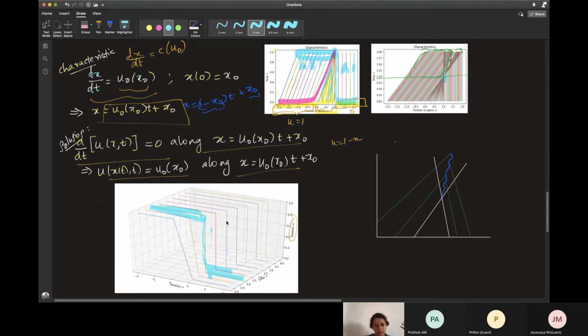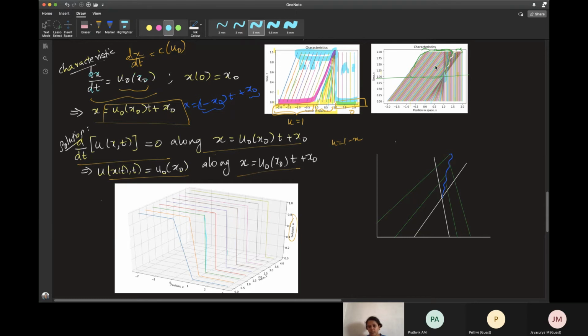So now what happens after the gradient catastrophe occurs? How has this solution been evaluated from t equals 1 till t equals 4? For that, we said that after the discontinuity occurred, the solution is piecewise constant.